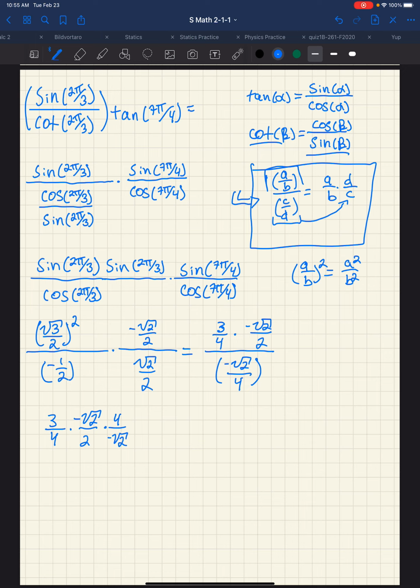And now this here is really cool, because everything is going to cancel out pretty nicely. So this negative root 2 is going to cancel out this negative root 2. This 4 is going to cancel out with this 4. And I'm left with 3 over 2, or 1.5. And that's the answer.